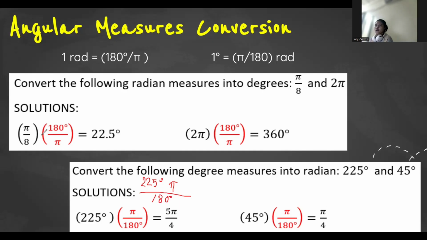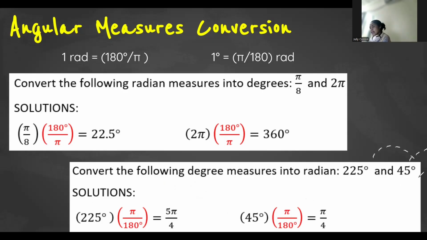And ang makancel of course dili is ang degree nga symbol, right? So mabili na lang kay si radian or si pi. So 225 divided by 180, so that is 5 pi over 4. They are both divisible by 45. If you divide 225 by 45, that will equal 5. 180 divided by 45 equals 4. And the conversion of 225 degrees to radian is 5 pi over 4.